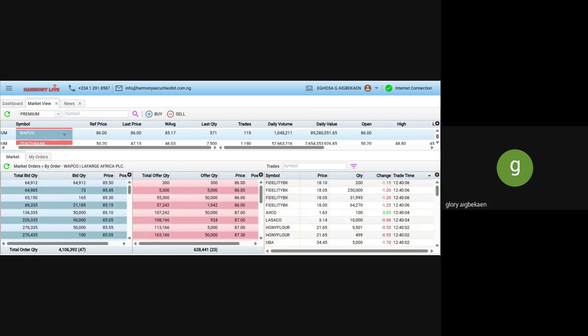Now look at the other table now. Right now, the bid, those that are buying is 4 million, 4.1 million, and those selling is 628,000. It's not even up to 1 million.